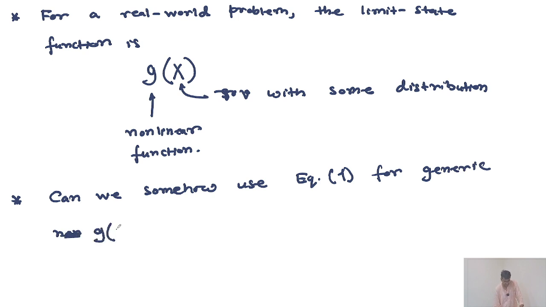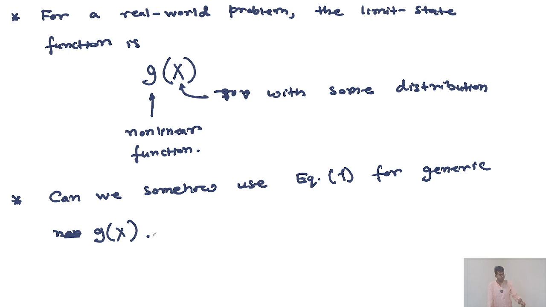So generic g of X. Okay. And generic g of X means that X will have some random distribution which might or might not be Gaussian, and this g will be some function which might or might not be linear, right? So can we use it? Can we somehow use it? So can you give me some idea how we can potentially try to use it? What can we do here?